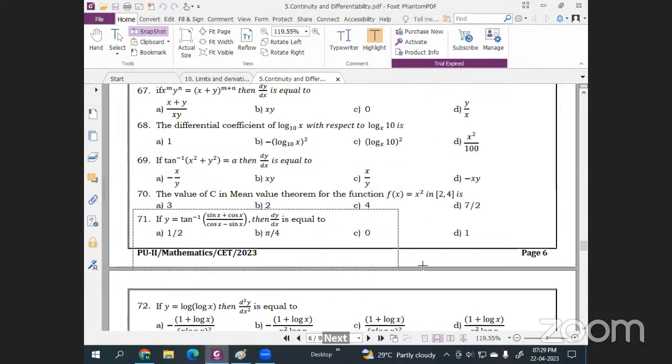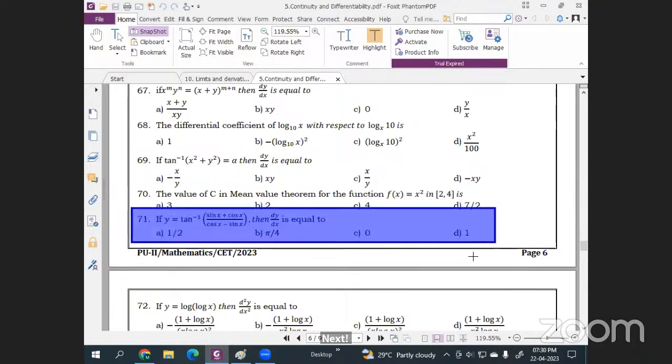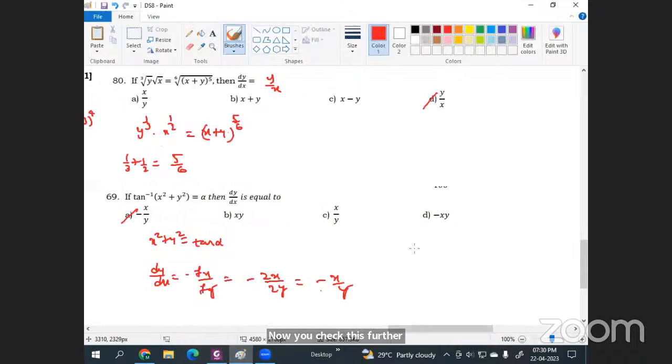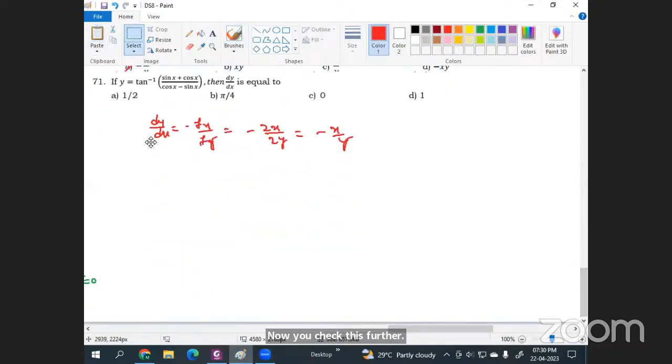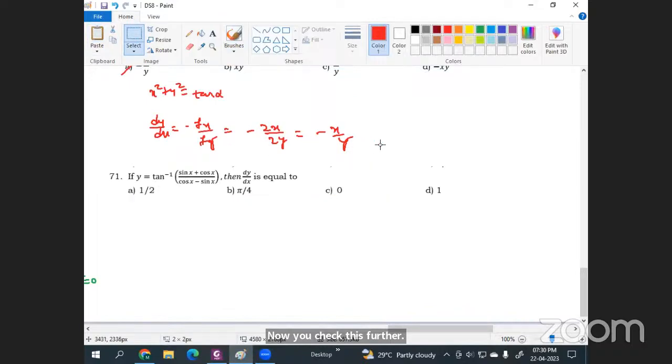Now you check this one more. y equal to tan inverse of (sin x plus cos x) by (cos x minus sin x). Now don't differentiate directly. First you should know how to bring it to the simplest form, then do it.